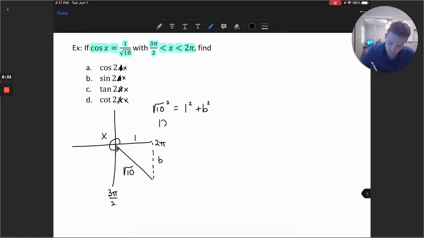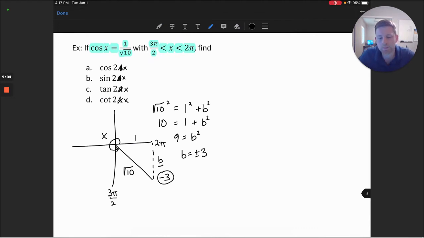So we have 10 is equal to 1 plus b squared, or 9 is equal to b squared. That would make b equal to plus or minus 3 when we take a square root. And based on where it's in our quadrant system, this is going into the fourth quadrant, so the opposite side here would be -3. So we're going to choose -3 here for our opposite side.